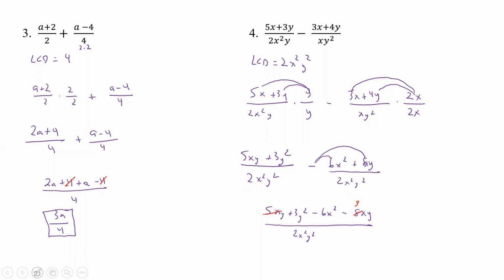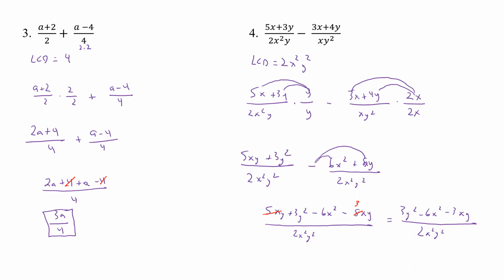And now what we can do is say that this is 3y squared minus 6x squared, and then we have minus 3xy all over 2x squared y squared. Now, here it looks like we have a 3 in common, so we could factor out that 3, but that 3 is not going to cancel the 2 here, so we're okay.